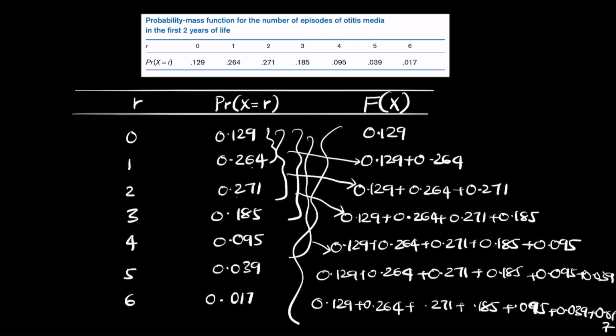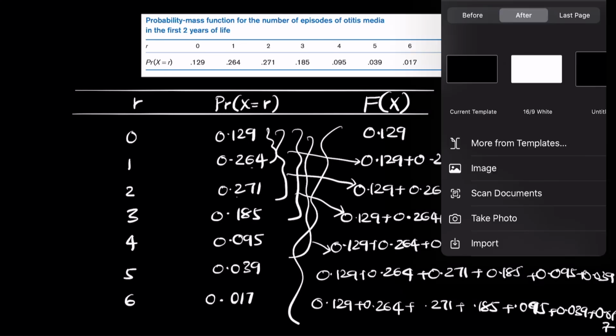So one way of knowing a cumulative distribution function is to represent this on a graph.